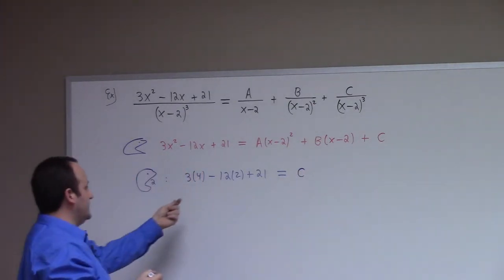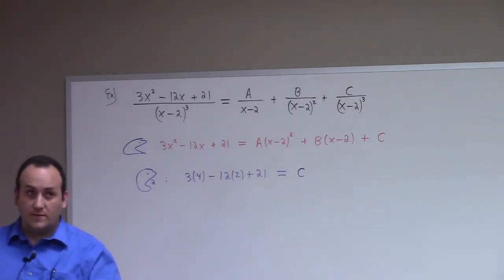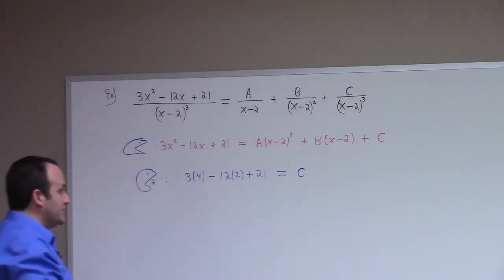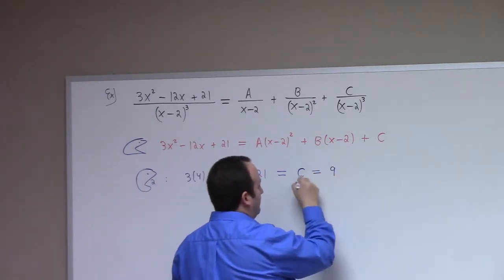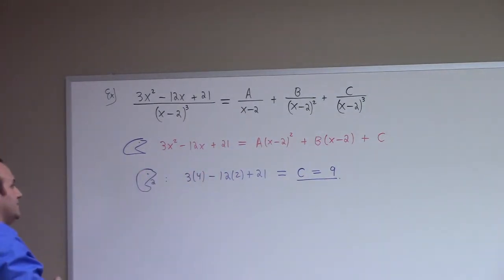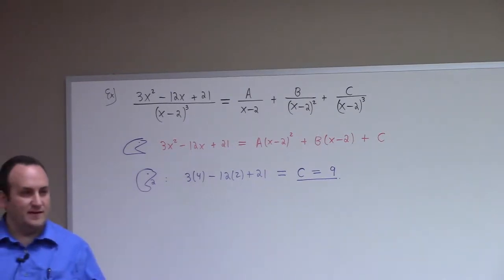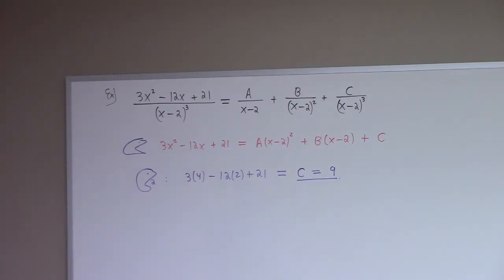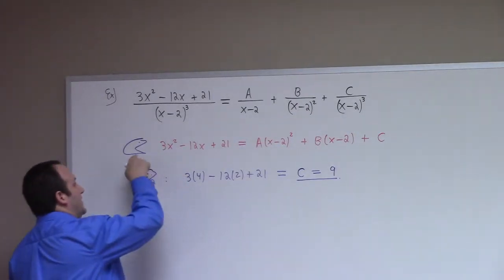So this is 12 plus 21, which is 33. 33 minus 24 is 9. So c is 9. And then, for this kind of problem where you have a repeated root, of course we can't use 2 again, we've already used it up. But there's a simple thing you can do that makes the partial fractions go really nice.